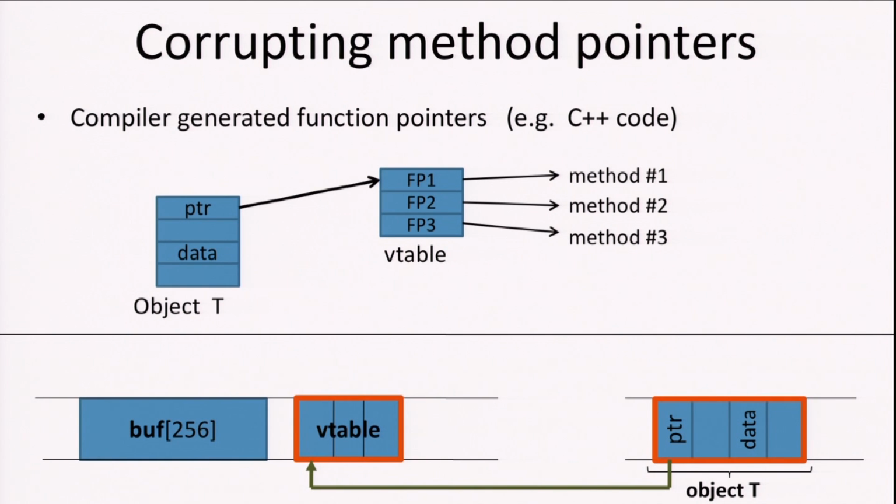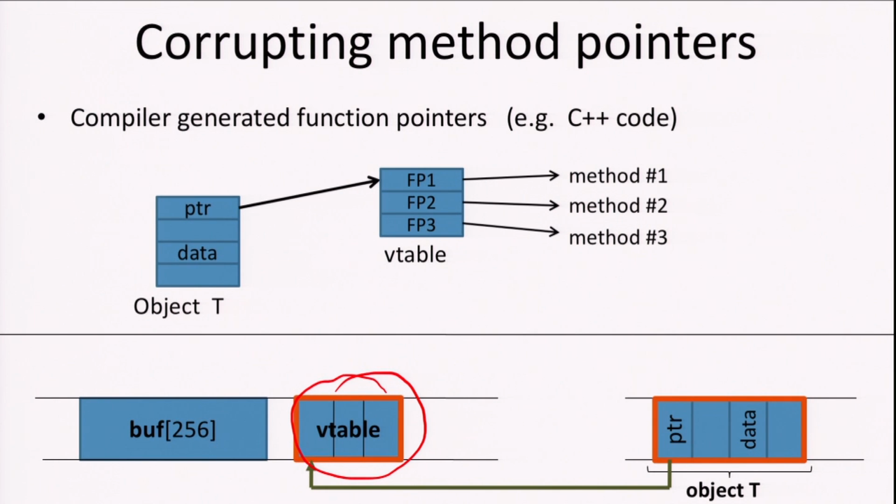In this case, in the data structure of the object, there is something called a vtable. The vtable contains the addresses of the various functions or methods that are appropriate for that particular instance of a class.